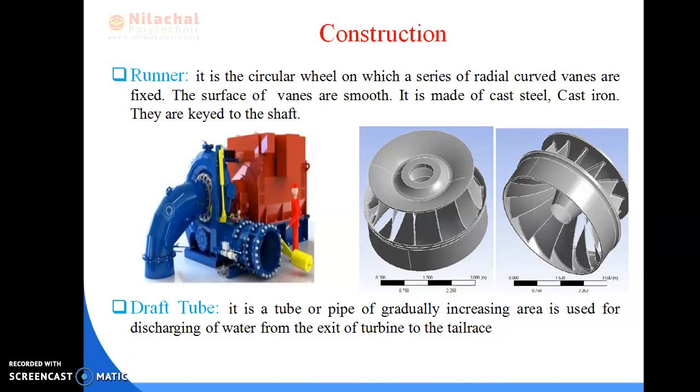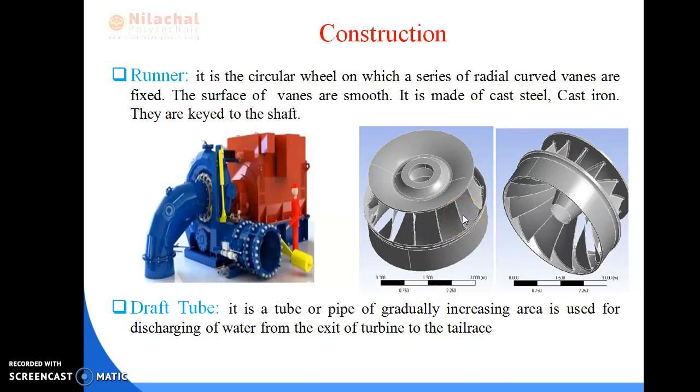Runner. It is the heart of the turbine unit. Generally, it is a circular wheel which is fixed to the shaft of the turbine unit, and this circular disc is attached with a number of blades.